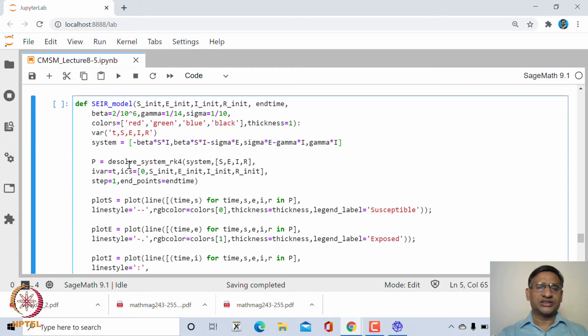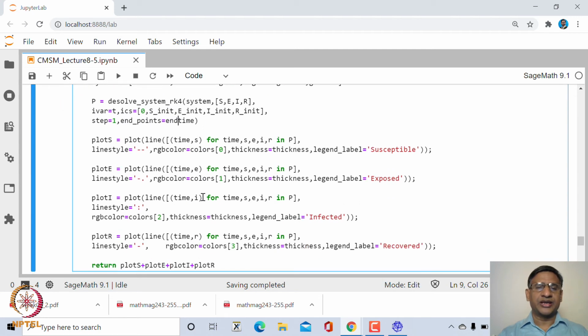Right. So now let us make use of the inbuilt function desolve underscore system RK4 and solve the system which we have defined with respect to SEIR. The initial variable is T, the initial condition is 0, and then S initial, E initial, I initial and R initial, and the step length let us take per day for example, and then n time is n time, right, and then you plot each one.